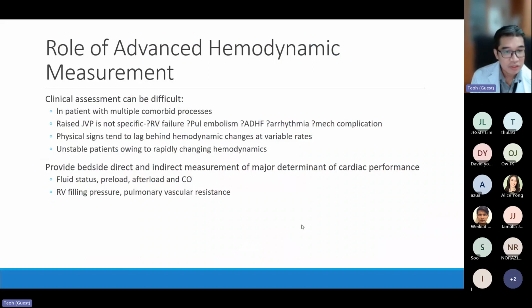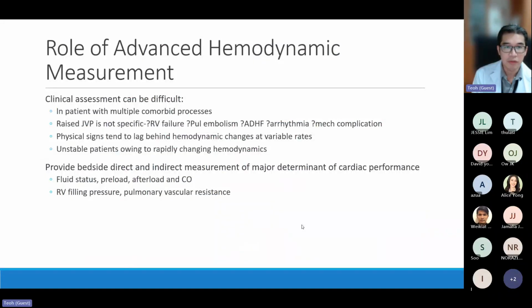A patient with advanced kidney failure and low EF comes with high-grade fever, then presents with shock. So with this group of patients, how do you determine whether the patient is hypovolemic, cardiogenic, or even septic? You won't know. From your clinical assessment, you can't tell which type of shock it is. Another thing is that the signs of congestion, for example, raised JVP, are not specific.